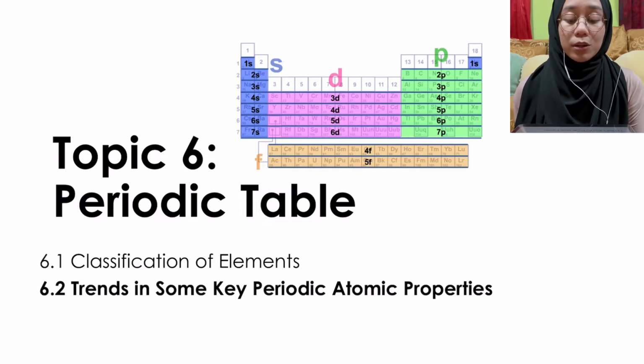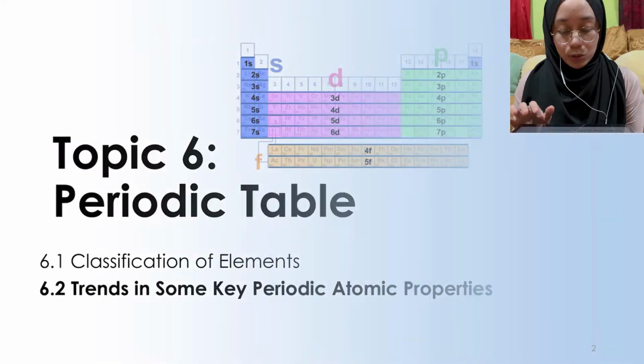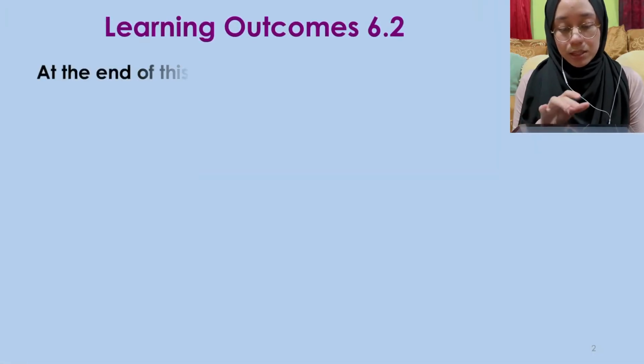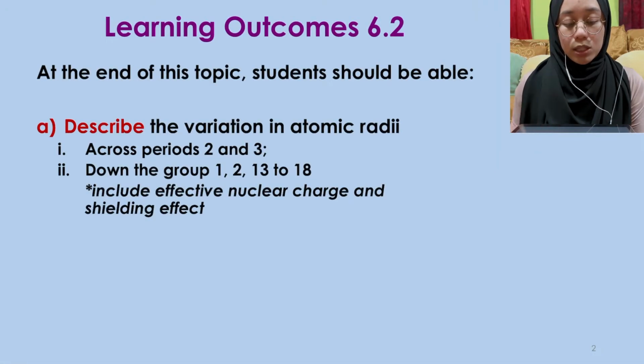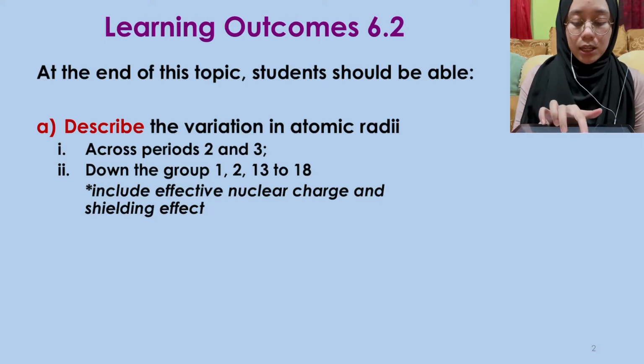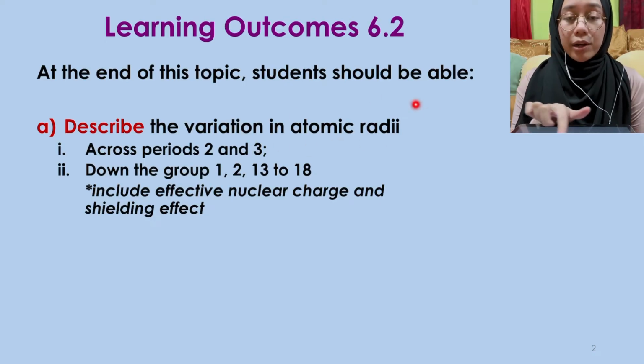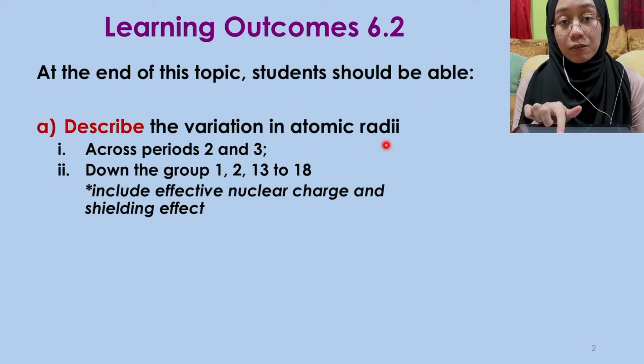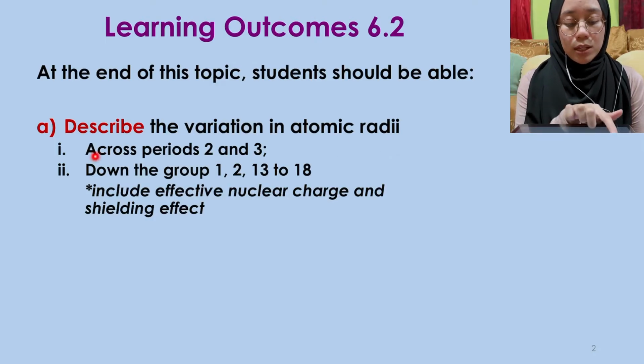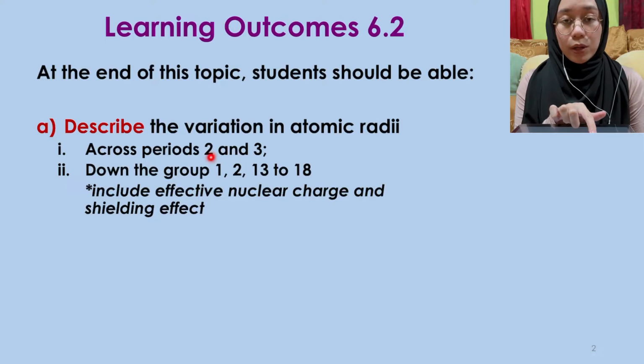Okay, so let's have a look at the learning outcome for this video. By the end of this lesson, you should be able to describe the variation in atomic radii. Atomic radii refers to the size of the atom. We will look at two forms. One is across a period, but we are going to look at only period 2 and 3, and we are going to look at down the group as well for groups 1, 2, and 13 to 18.